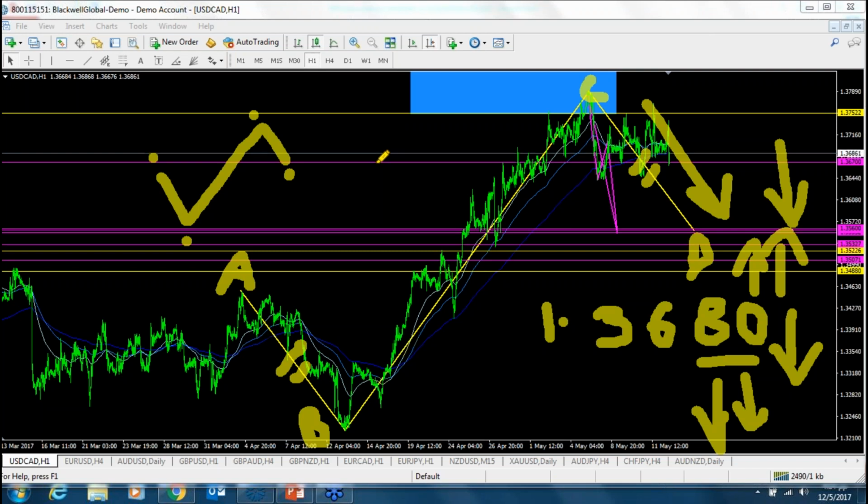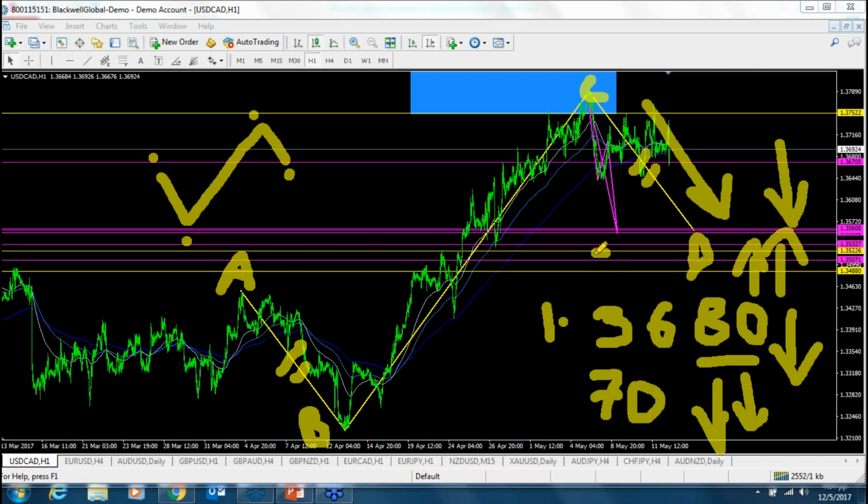So if price is now, let's say, 1.3687, anything within 5 to 10 pips of the psychological number is not really safe to trade. If you want to trade safely on the downside, you need to deduct at least 10 pips from the 80 psychological number. So 80 minus 10 is 70. Okay, 80 plus 10 is 90.